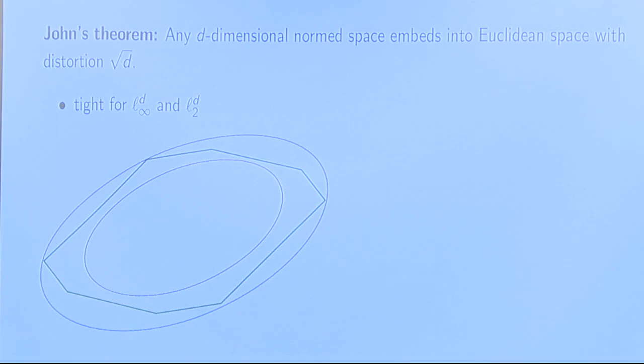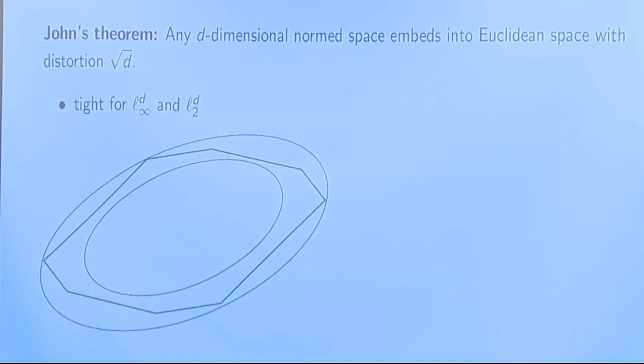For example, in dimension 2, it tells us that all norms in dimension 2 are within a square root of 2 factor from each other in terms of there being embeddings between them. And the square root of d factor cannot be improved in general in terms of the minimum distortion that a bi-Lipschitz embedding can achieve.